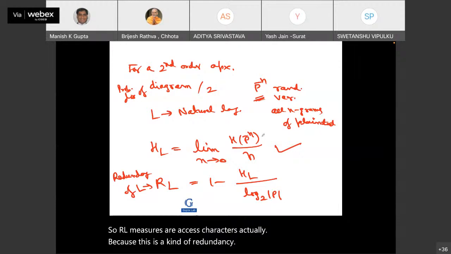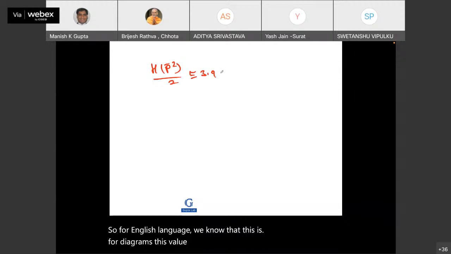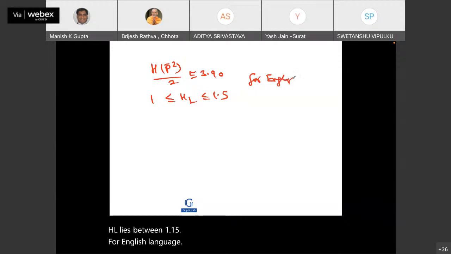So for the English language, we know that for digrams this value is 3.90, and HL lies between 1.0 and 1.5 for the English language. These are some properties.